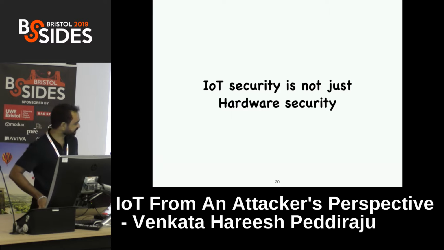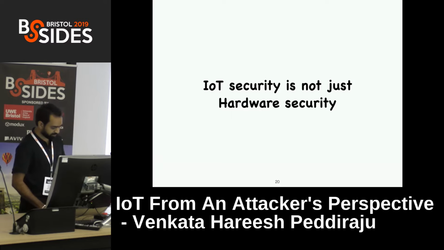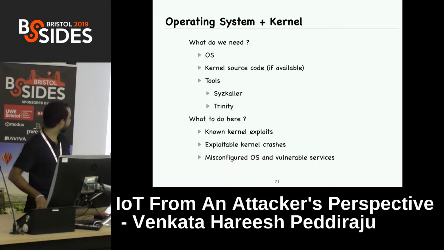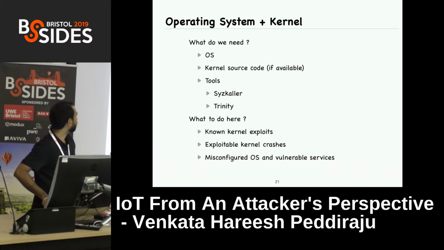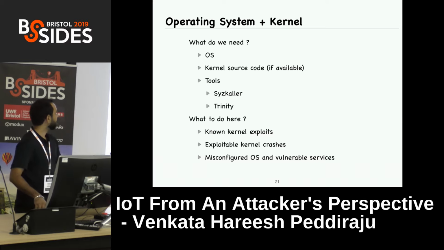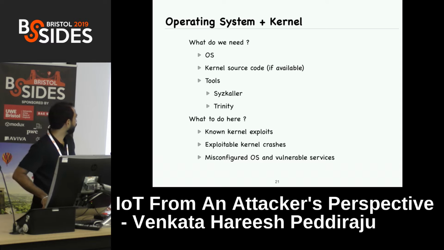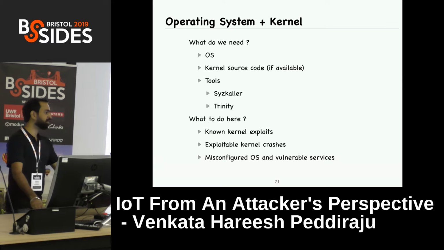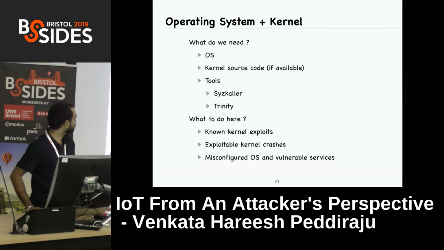IoT security is not just hardware security. I think we should be able to understand that by now. So, operating system, as we discussed. Real-time operating systems are fairly new to the industry, and due to RTOS being fairly new, they do not have a majority of operating system level security mitigations like ASLR, for example.